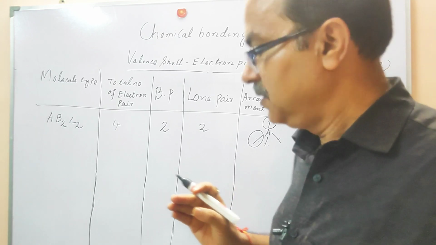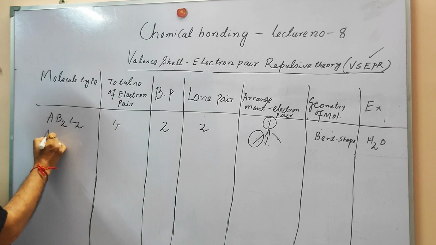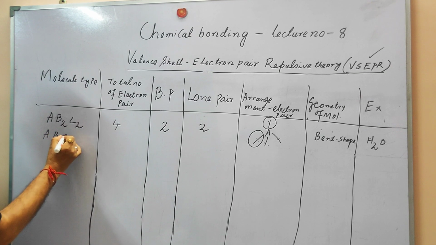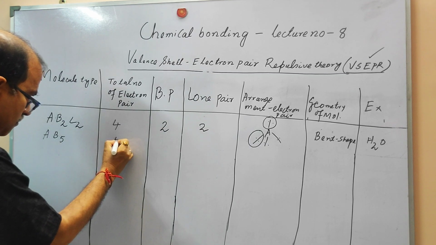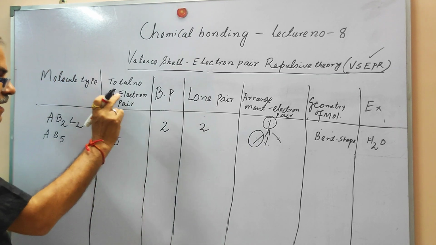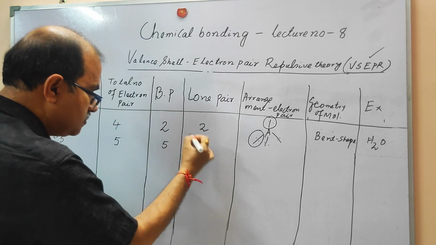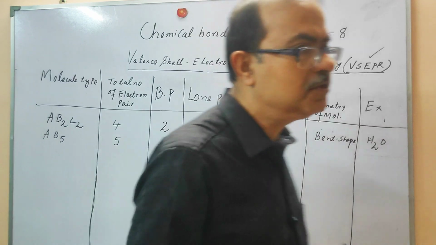So now we are going to discuss another molecule type, that is AB5, where the bond pair is 5, the total electron pair is 5, and the lone pair is 0. At that time, what is going to happen?